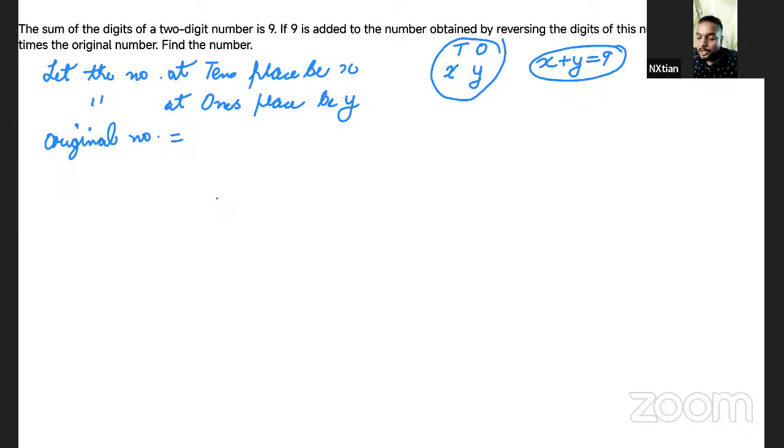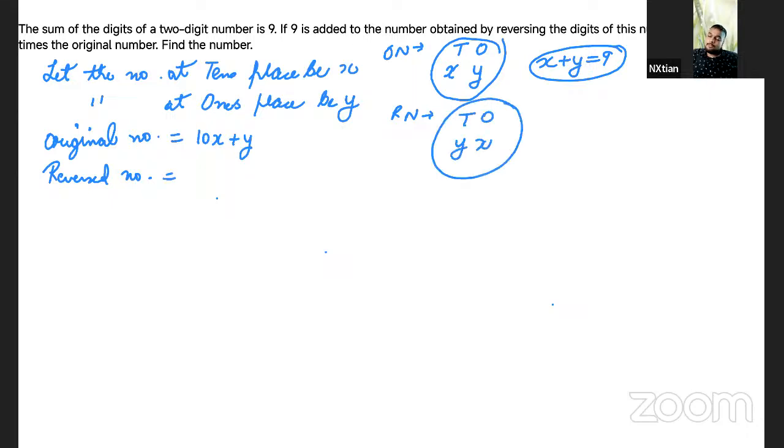So how will you write the expanded form of the original number? 10x plus y. And what is the reversed number? For the reversed number, the places will change. This is the original number, and the reversed number will become yx. So it will become 10y plus x. This is the reversed number. Any problem in that?